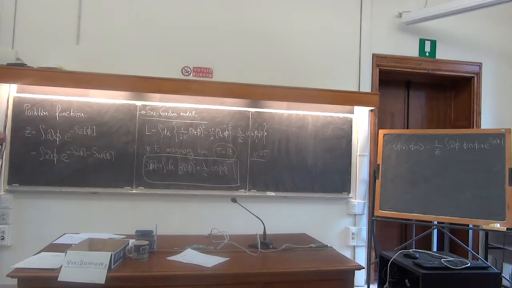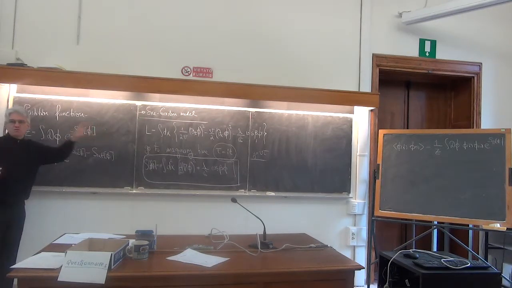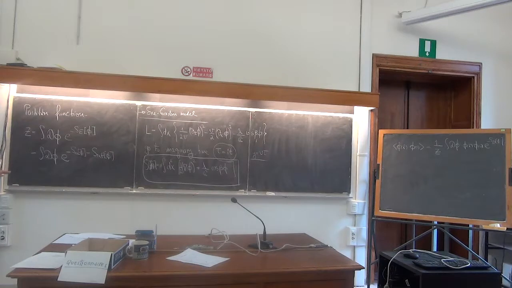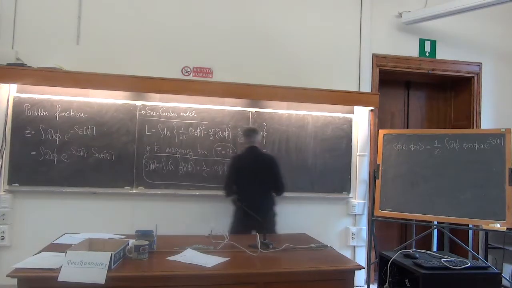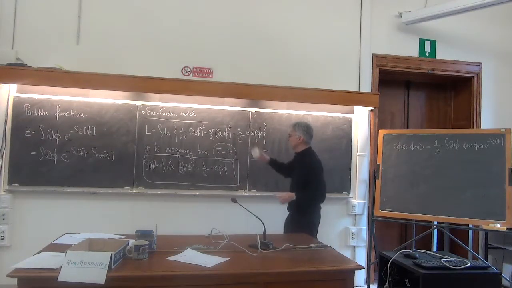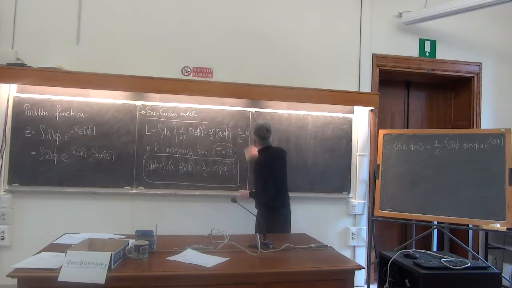I don't want to add the source because for my purposes I don't need it, but you could carry out the entire calculation I'm doing now with the source added, and it would give you analogous formulas for the generating functional.